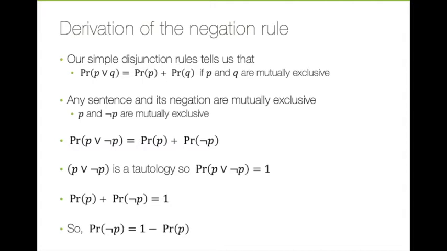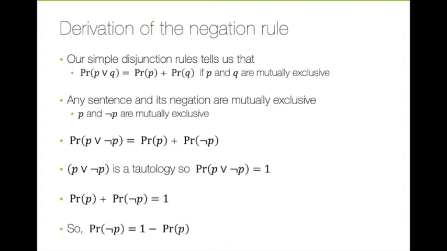Remember, mutual exclusivity is our probability name for inconsistency from truth functional logic. So P and not P are mutually exclusive. If that's the case, the probability of P or not P is the probability of P plus the probability of not P.